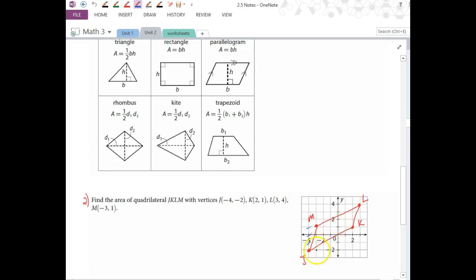We found the JK slope to be 1/2. If I have to create a 90-degree angle, what's the 90-degree slope going to be? The perpendicular, -2, right?